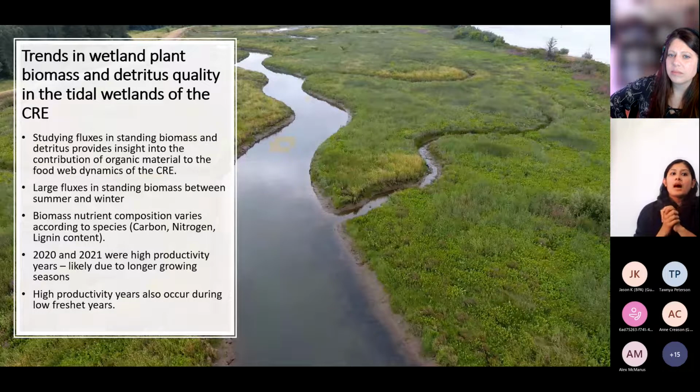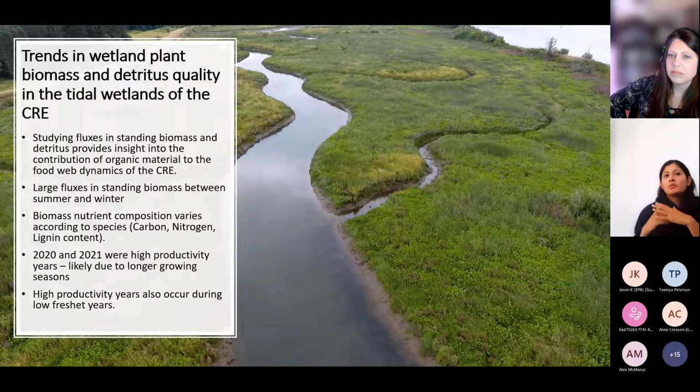Now, the last study that I will be talking about today looks at the net aboveground primary productivity, which is essentially about the salmon food web. The goal of this approach is to evaluate species-specific biomass and nutrient contributions to the salmonid food web of the Columbia River Estuary, as well as explore the mechanisms driving these contributions.